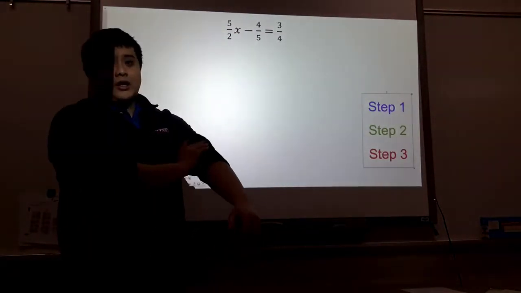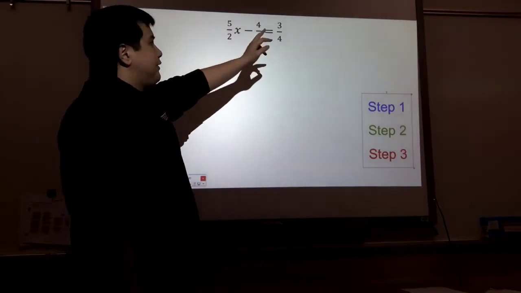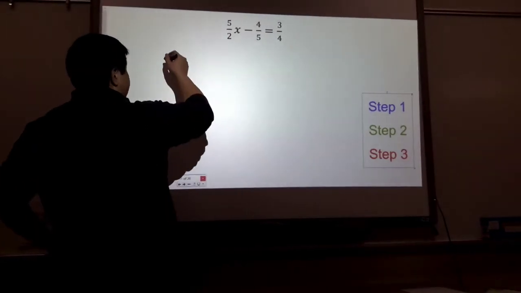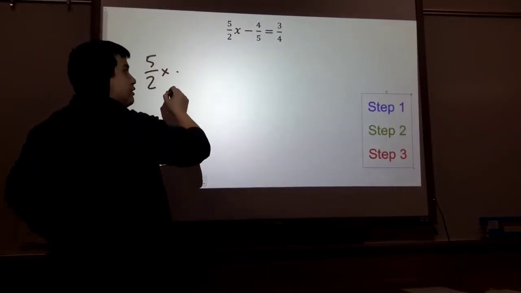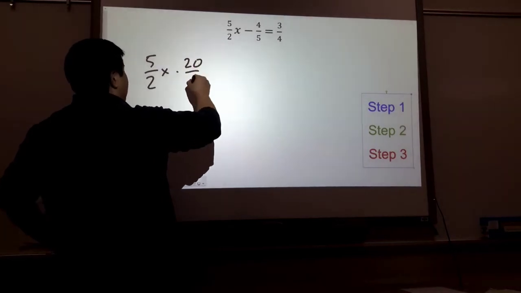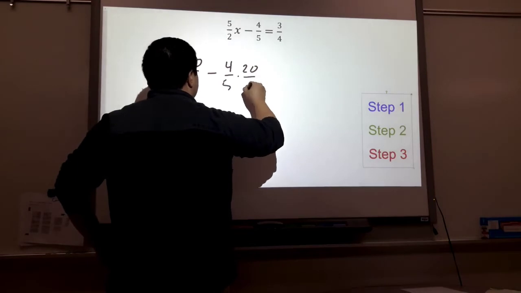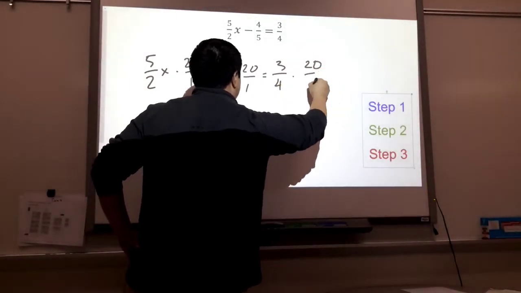Here we're going to, again, clear out the denominators, which in this case are 2, 5, and 4. The least common multiple of those is 20, so we're going to multiply each one of those fractions by 20. So we get 5 over 2 x times 20 over 1 minus 4 over 5 times 20 over 1 equals 3/4 times 20 over 1.